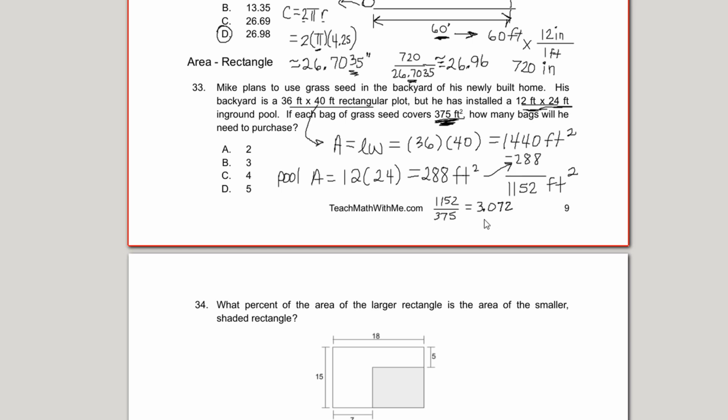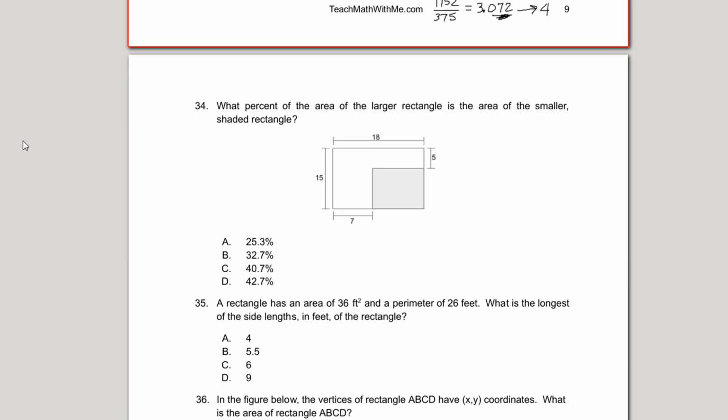So what happens if I only get 3 bags? I've got a portion that's left over, and I'm not going to cover it with the grass seed. So I'm going to have to go up to 4. I'm going to need 4 bags. That's answer choice C.